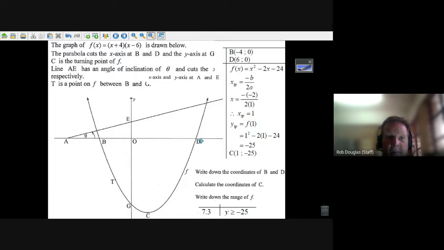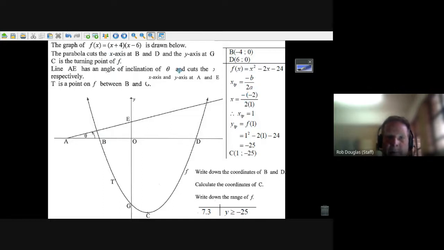What makes y 0? The x-intercepts. Calculate the coordinates of C. Well, this is a parabola. I might cheat a little bit and know that C is going to be 1 because of symmetry between minus 4 and 6. If I add them together, minus 4 plus 6, and divide by 2, I'll get 1 right in the middle. Or you can use this very useful little formula. The equation of the axis of symmetry of the parabola is x equals minus b over 2a.